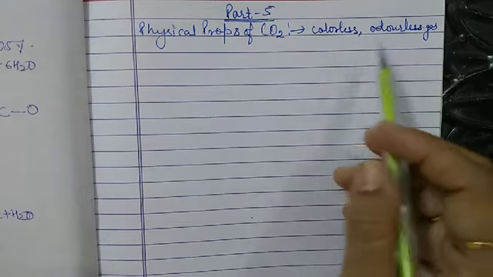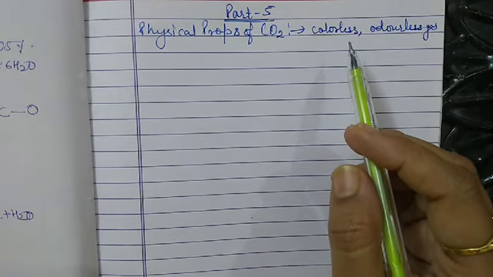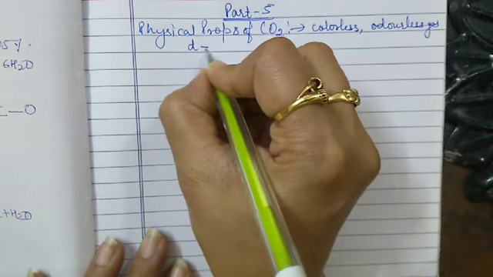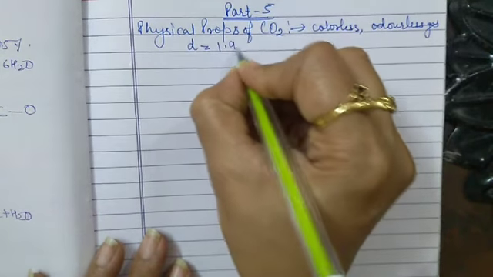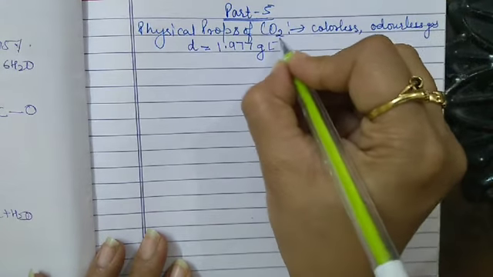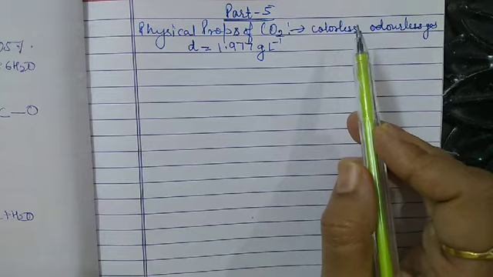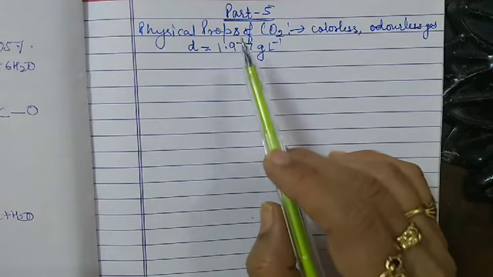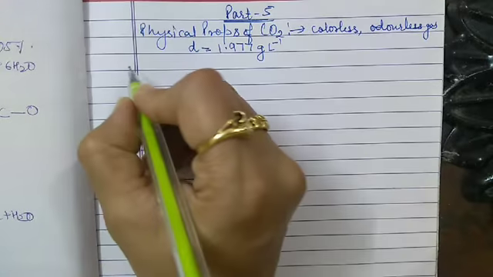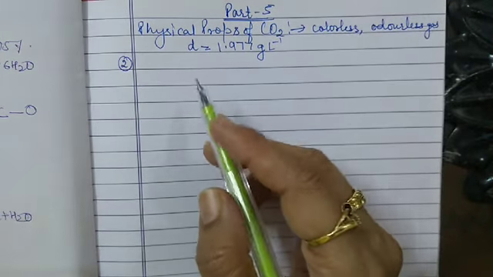Its density is about 1.977 gram per liter. This is the density of carbon dioxide, which means it is denser than air.